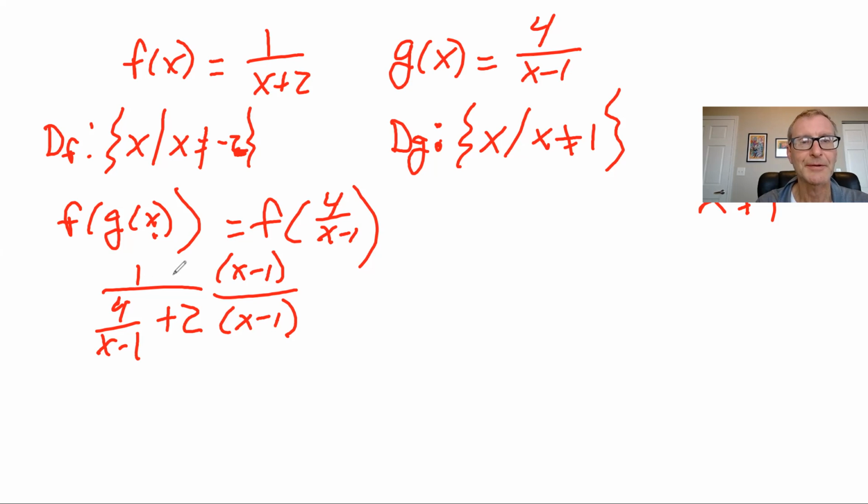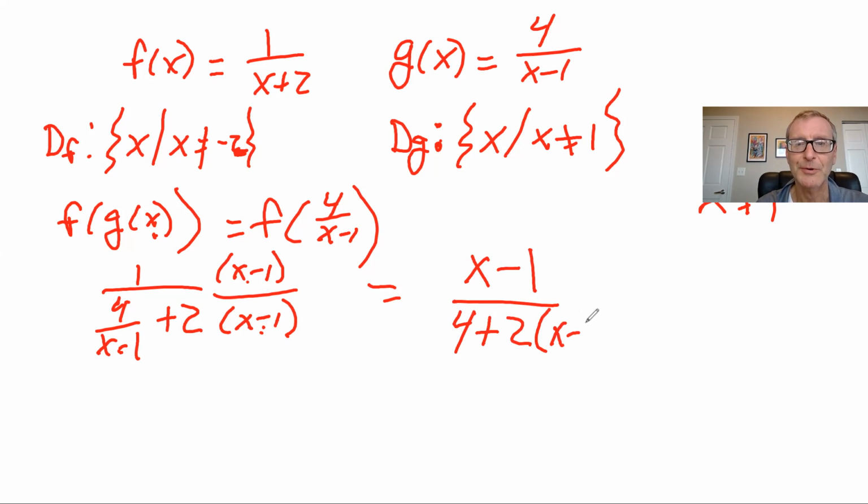So when you do that, you have 1 times this. What we have on the top is x minus 1. So what do we have on the bottom? Well, this times this will cancel, right? And so you'll have a 4. And then you get plus 2 times x minus 1. So you see how you kind of finagle that by multiplying the top and bottom by the same denominator we have down here to cancel it out.